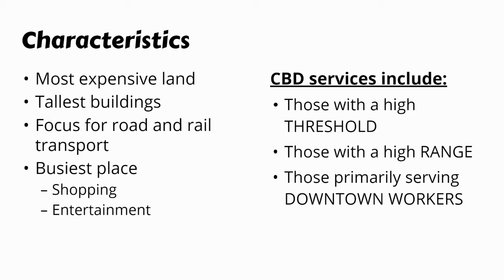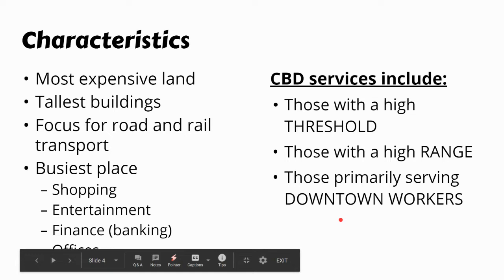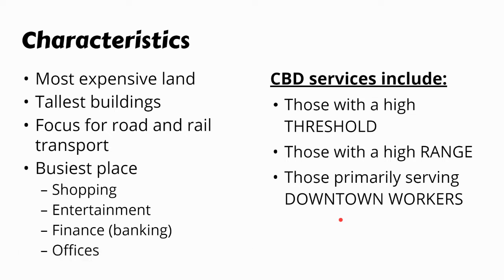You could always go and watch a show downtown in the city. It tends to have the financial or banking heart of the city, but this is where all the offices are. So some of those services, like restaurants and coffee shops and breakfast places and newspaper stands and so on and so forth, tend to serve the people who are working downtown.